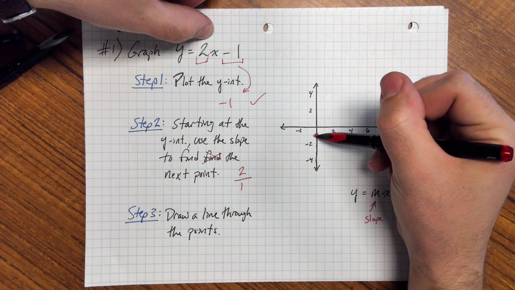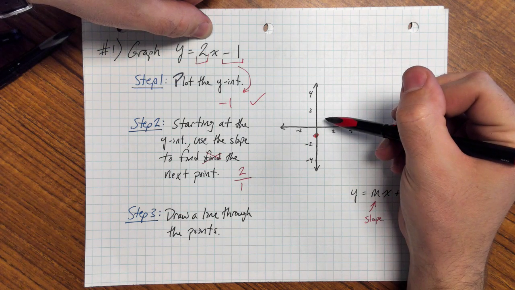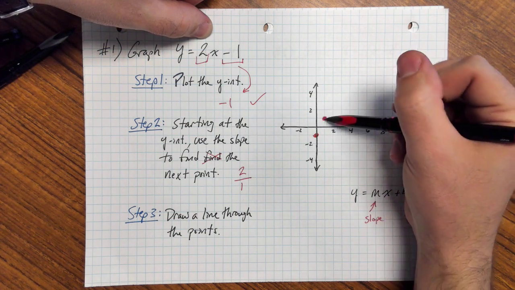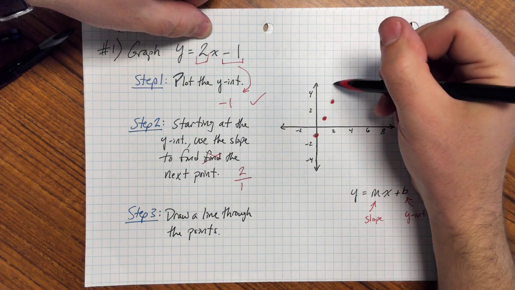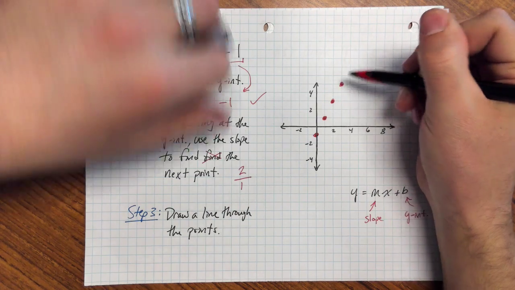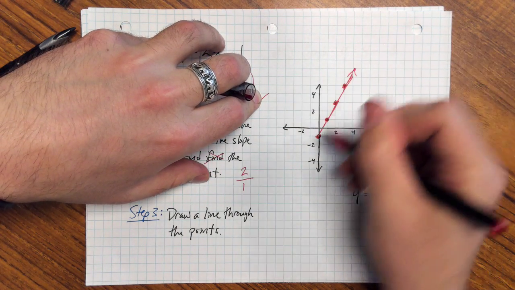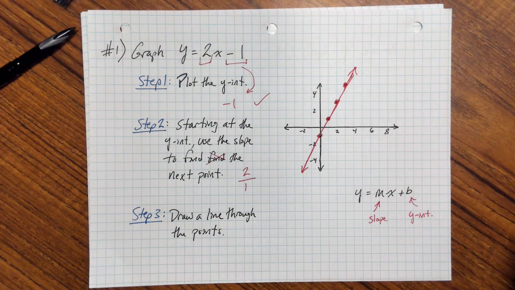So starting at our point, we go up 2, because it's positive 2, and then over 1 space, and there's our point. We could keep going, up 2, over 1, there's another point. So here is our line, which I just butchered a little bit, but there's our line.